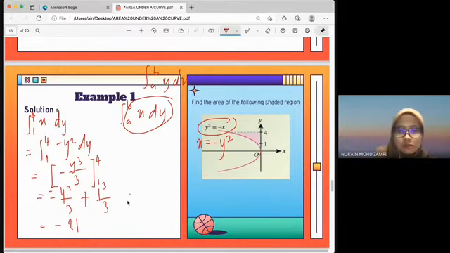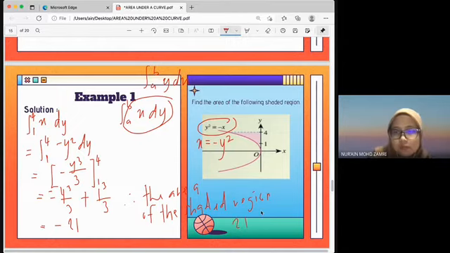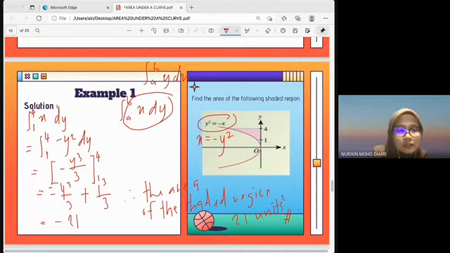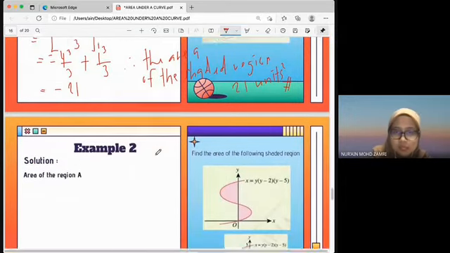So you can just conclude that the area of the shaded region is 21 unit square.